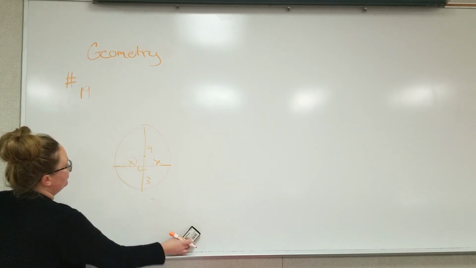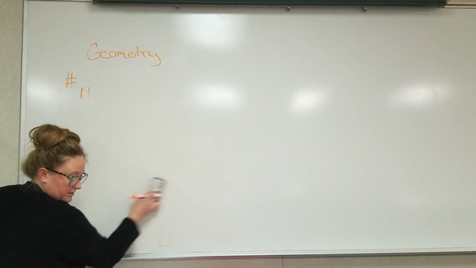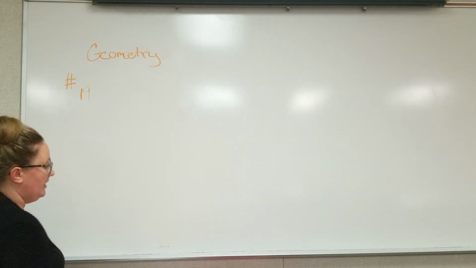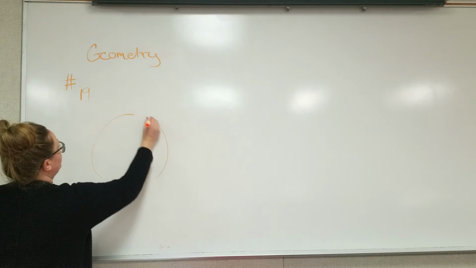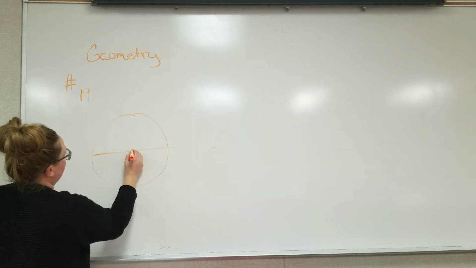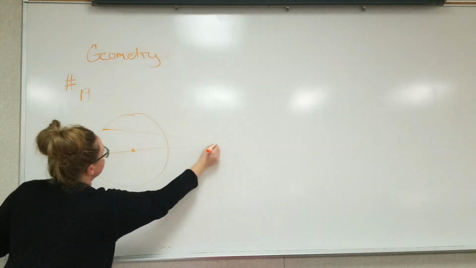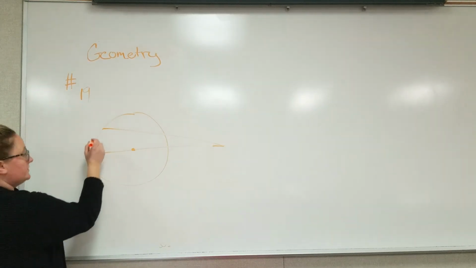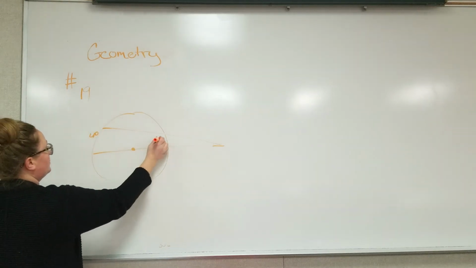All right, number 22. They give you a circle, and then they give you 2 secants intersecting outside the circle. And they tell you this much of it is 40, and this is 20.